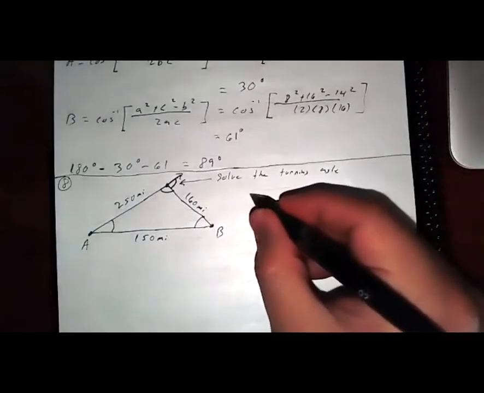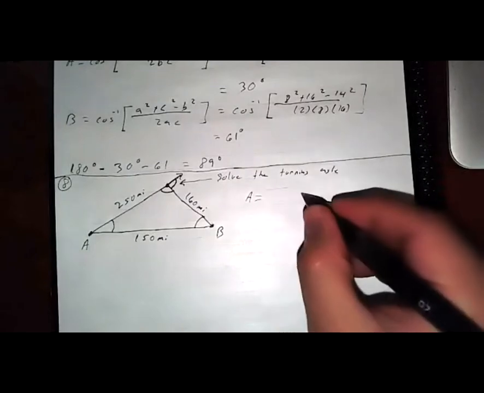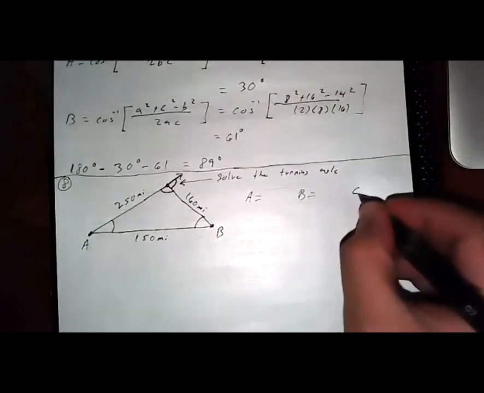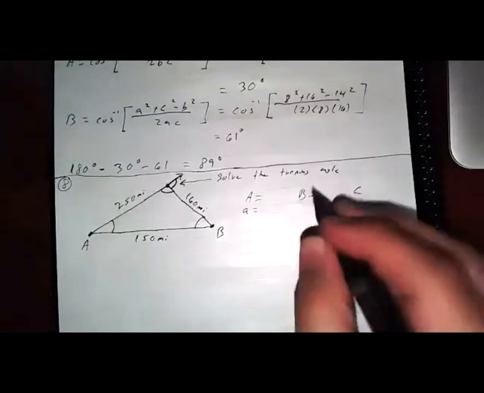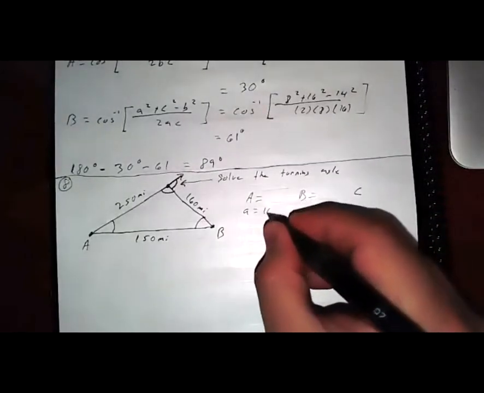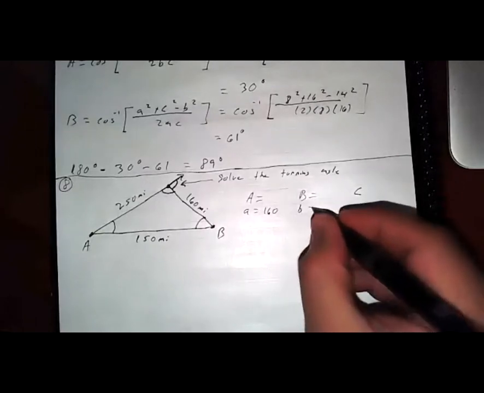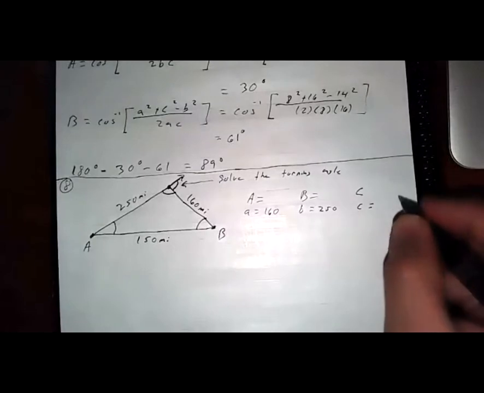All right. So let's write down everything we know. I don't know any of the angles, correct? I do know all the sides. So since I know all the sides, which rule should we use? Cosine.